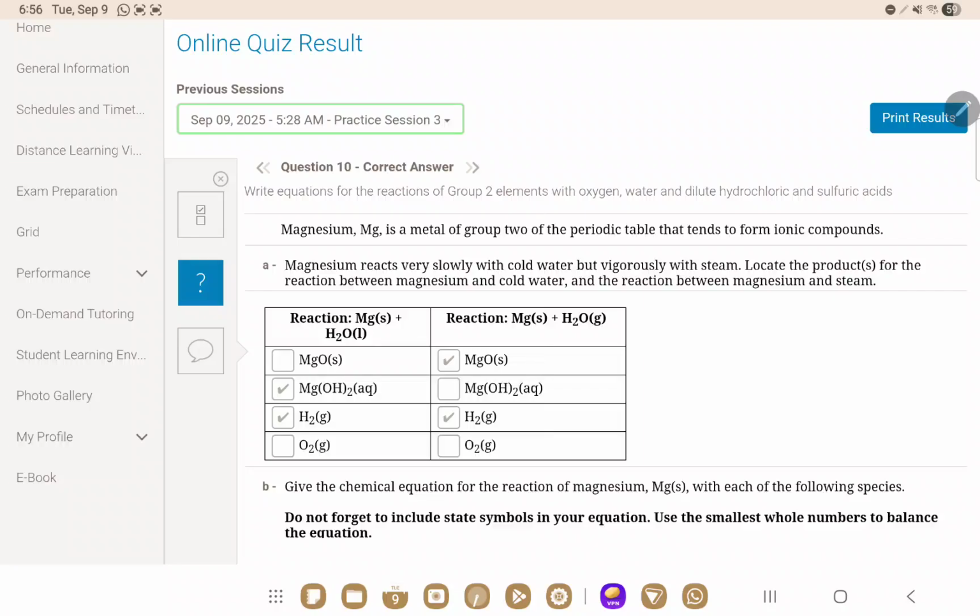Now for the reactions, you need to tell what's the reaction between magnesium with cold water and with steam. Since it's very slow with cold water, we're going to act like it takes more time to do the reaction, so it has time to take OH2. It's just memorize it, honestly. It's an equation with liquid water, which is cold water.